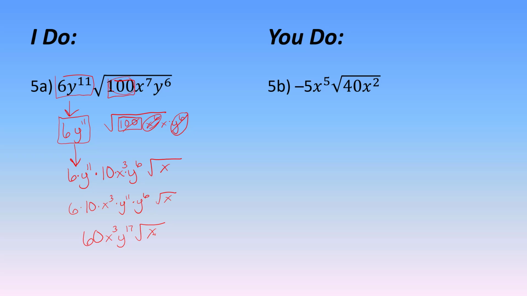Now, root x does not count as a like term to x as a base, although technically one could say that x to the 3rd power times x to the 1/2 power would result in like bases. But at this point in time, we're going to leave them in the radical because our goal for today is simplifying radicals. So this would be your final answer.